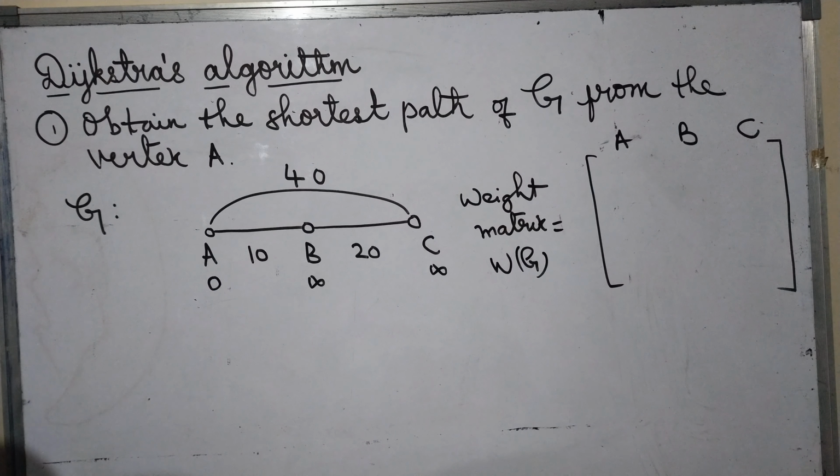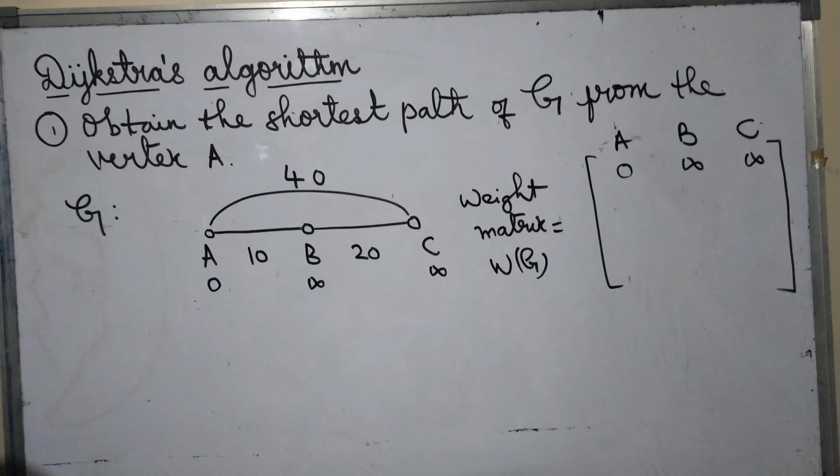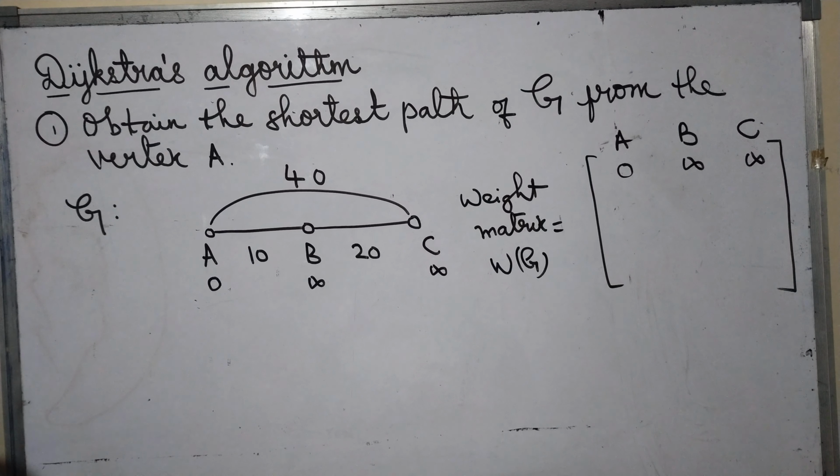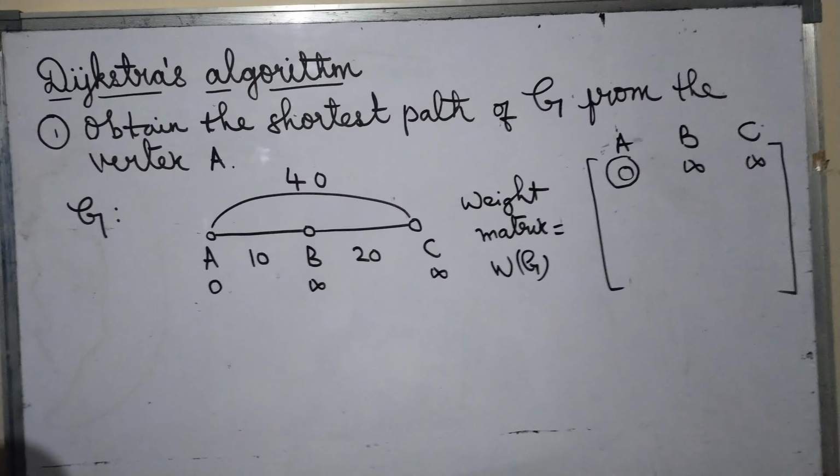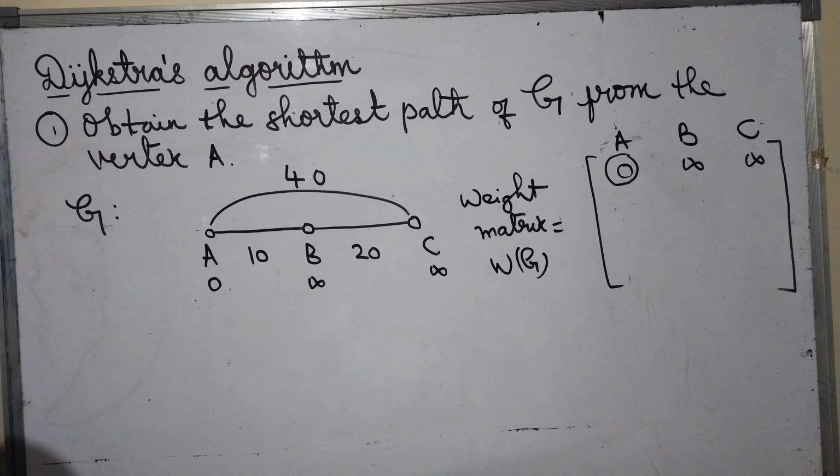So let us write the weight matrix. We wrote the permanent and the temporary weights for the vertices A, B and C. Among 0, infinity and infinity we have to consider the minimum one. The minimum one is 0, and that corresponds to the vertex A. So let me write A here.